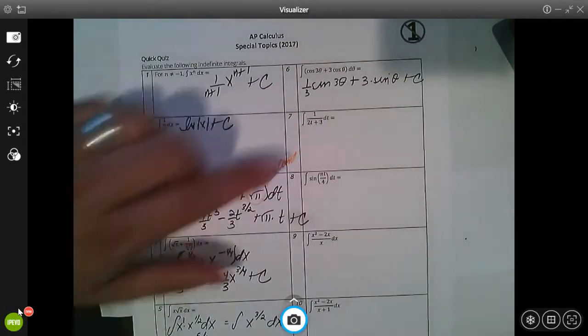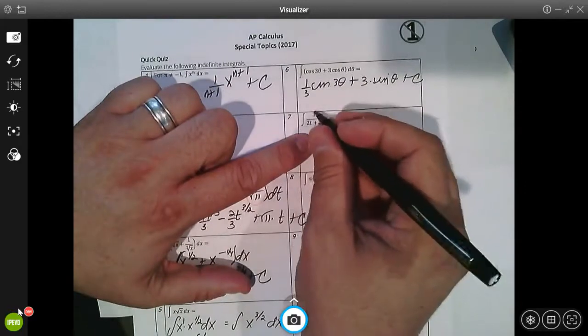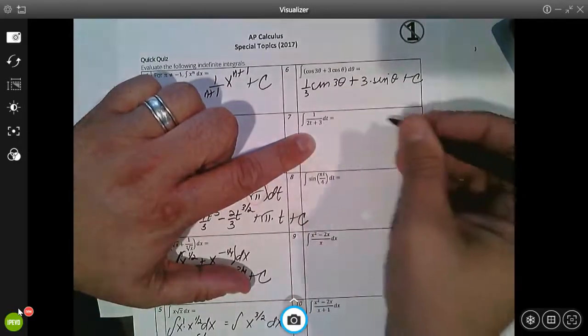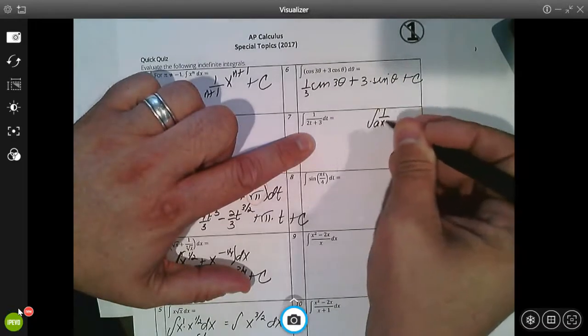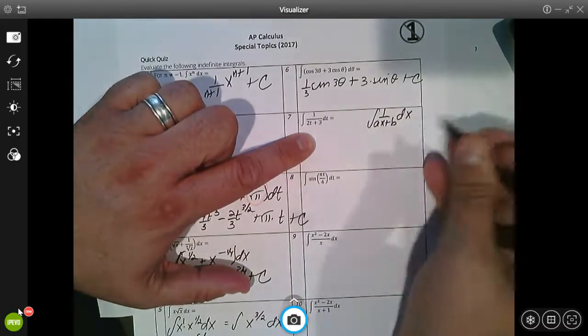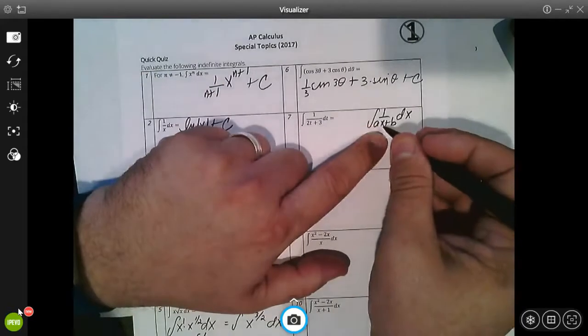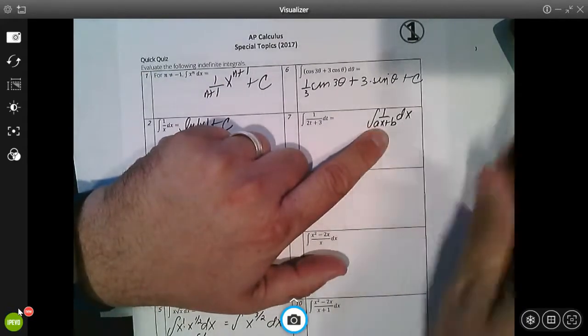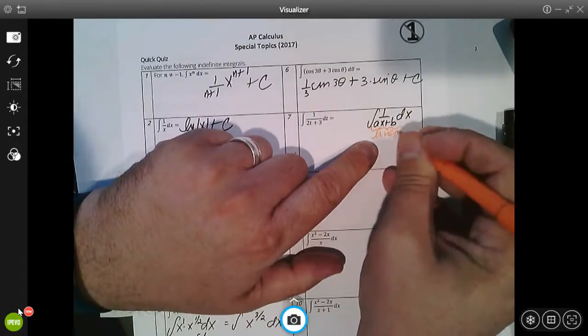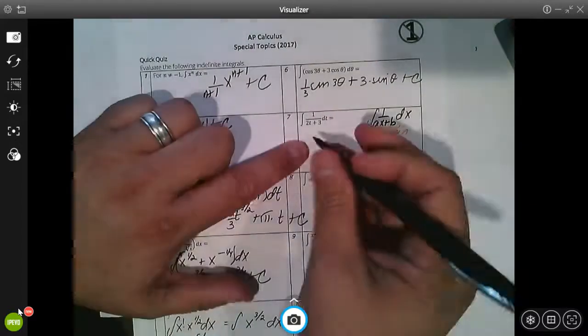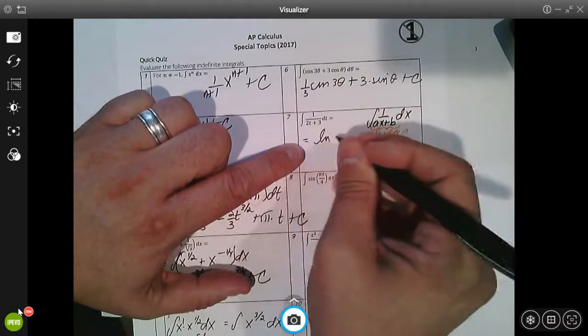Okay. The integral of 1 over 2t plus 3, well, if you go back to the notes on the front, the integral of 1 over ax plus b, you're integrating with respect to x, and this is linear, degree 1. You're going to get a natural log, but you've got to be careful here.